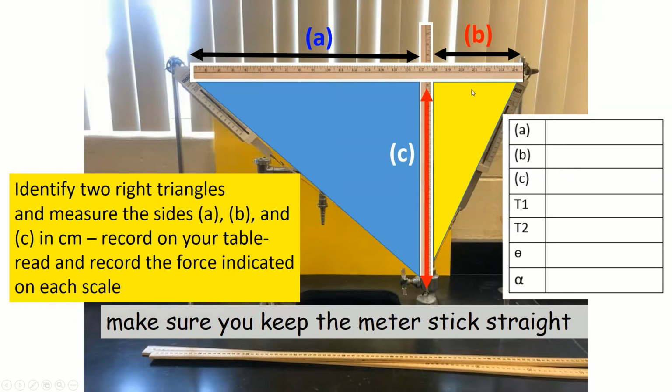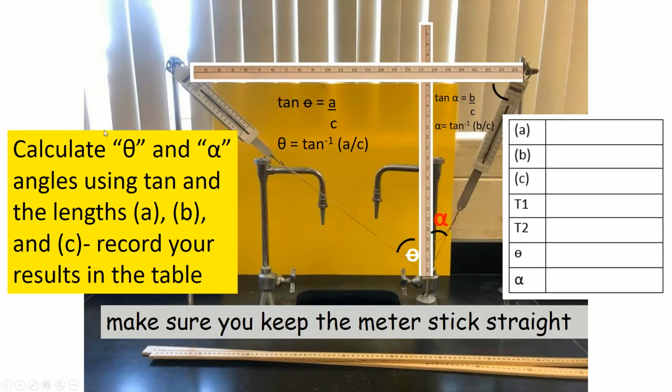Also read the force indicated on each spring scale. Record this force in newtons. That will be your tension 1 and tension 2.